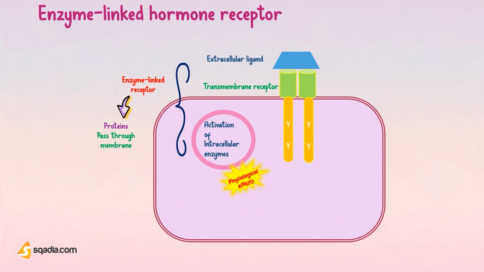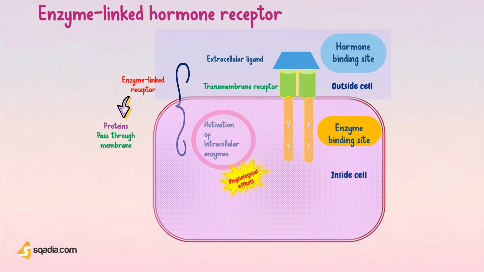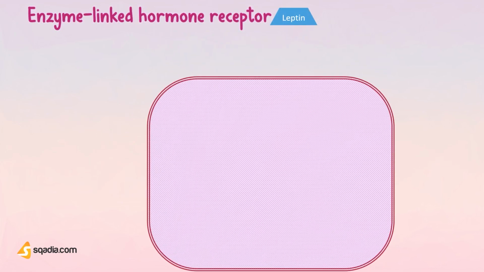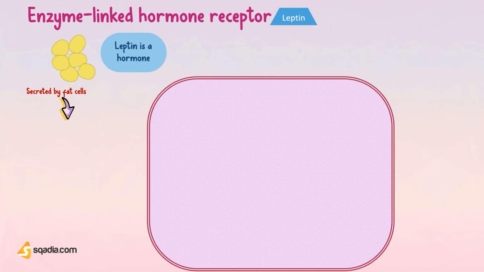These enzyme-linked receptors are proteins that pass through the membrane. They have their hormone binding site on the outside of the cell membrane and their catalytic or enzyme binding site on the inside. The example of an enzyme-linked receptor is the leptin receptor. What is leptin? Recall, leptin is a hormone secreted by fat cells and has many physiological effects, but is especially important in regulating appetite and energy balance.